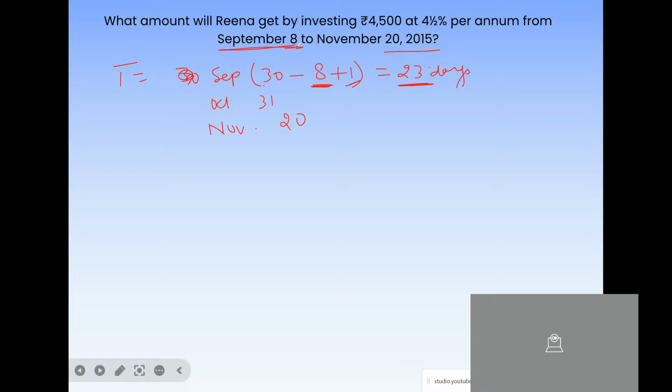So either you do a minus 7, or you do minus 8 and then add that extra day that went with the subtraction. So the total time we have is 23 plus 31 plus 20, which is 74 days.